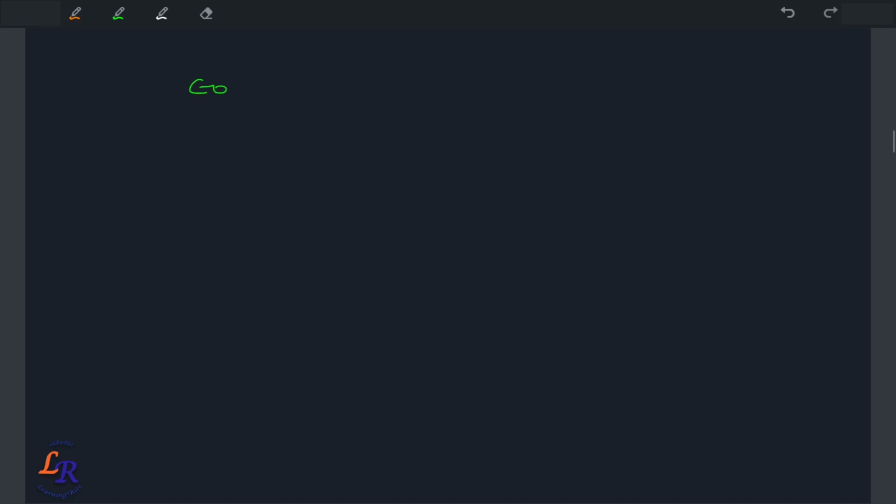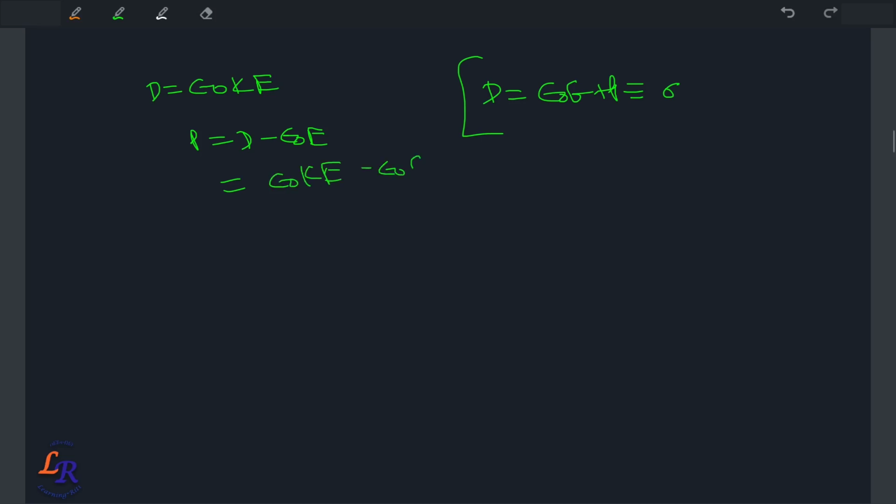So D is equal to epsilon 0 K E. It means that you can write P is equal to D minus epsilon 0 E, just as we saw epsilon 0 E plus P is equal to sigma above, right? So from there you can rearrange it, and you can write this equation epsilon 0 K E minus epsilon 0 E, where you can write epsilon 0 (K minus 1) into E, right?